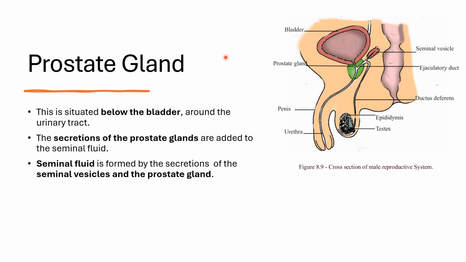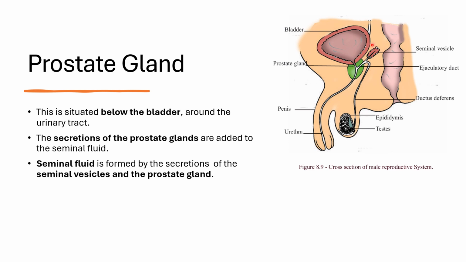Here we are going to talk about the prostate gland. In the figure, it's shown in green color. So the prostate gland is located below the bladder and also around the urinary tract. Here you can see the urinary tract and it's coming down to urethra over here. The secretions of the prostate gland are added to the seminal fluid.